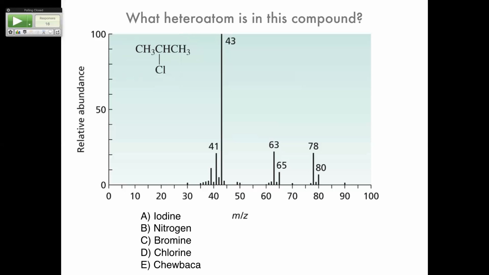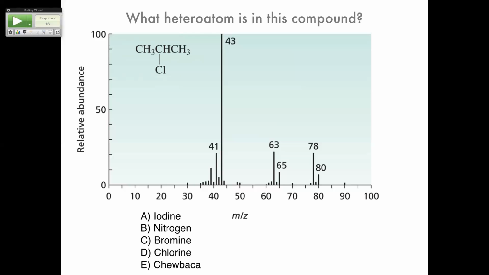Okay. So if you were asking this question on the test of, what's the heteroatom in the molecule, you wouldn't have that. You would just have the spectrum and you have to figure it out. Do you want to write it like that or like that up there? This is C3H7Cl. This is the formula, that is the structure. So that's the difference.